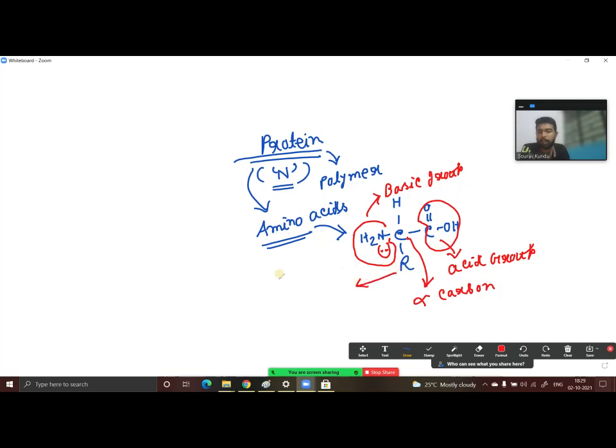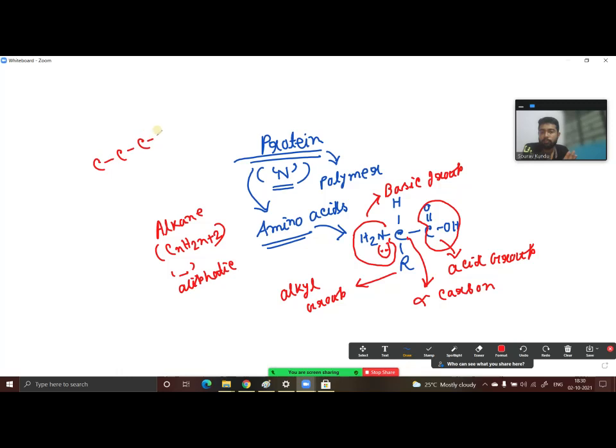Now what is this R? This is known as the alkyl group. Students, you probably know what an alkyl group is, from hydrocarbons. Alkanes have the CnH2n plus 2 format, that is, single bonded aliphatic chains.